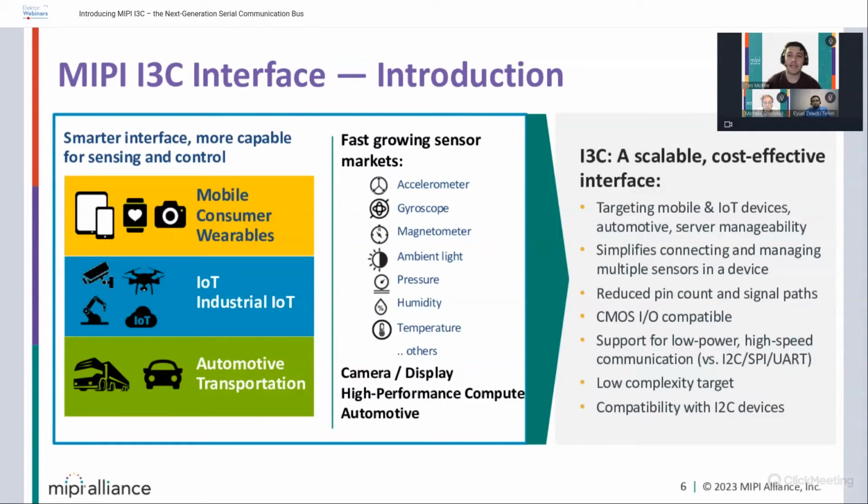But as I had mentioned earlier, I3C has really grown into the camera to display, high performance compute, and even into the automotive range. So I3C is now built as a scalable and cost-effective interface, reduced pin count for low power, high-speed communication to compete with similar technologies like I2C, SPI, and UART.